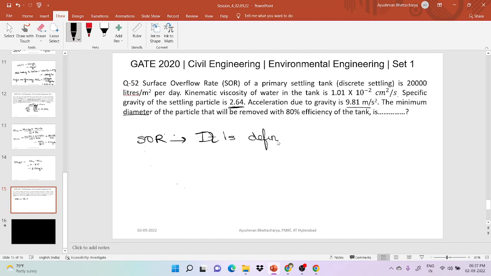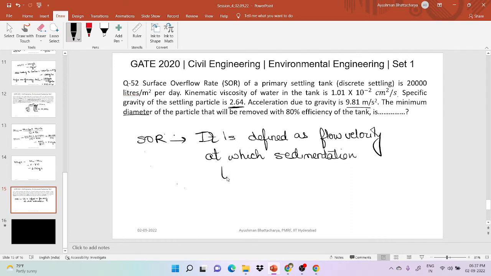defined as the flow velocity at which a sedimentation tank is designed to operate.